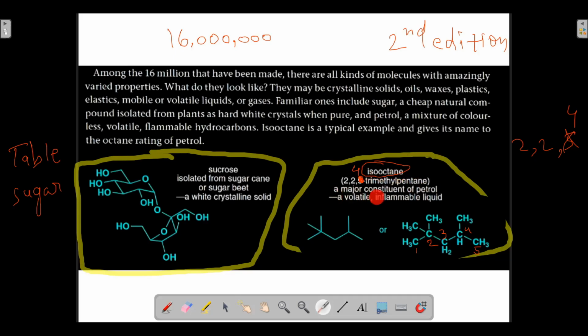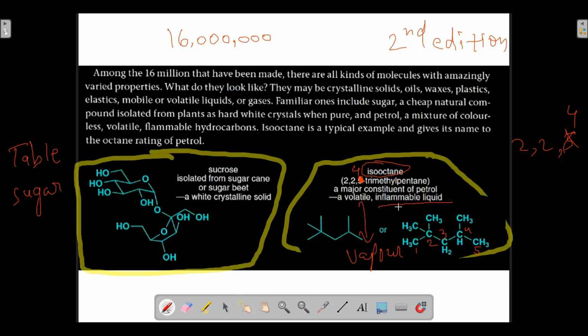It is volatile, which means it converts to vapor easily. The substances which convert into vapor easily are called volatile substances. It is an inflammable liquid.